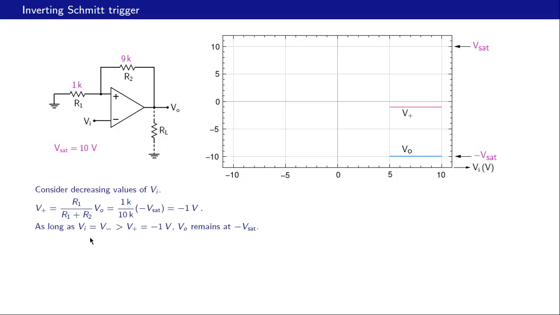Now as long as Vi, which is the same as V minus, remains greater than V plus, Vo will remain at minus Vsat. And what is V plus? V plus is minus 1 volt. So up to this point, things will not change.